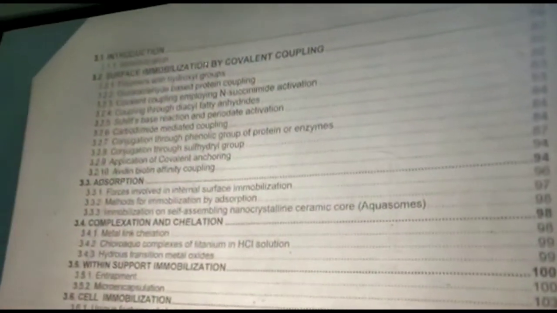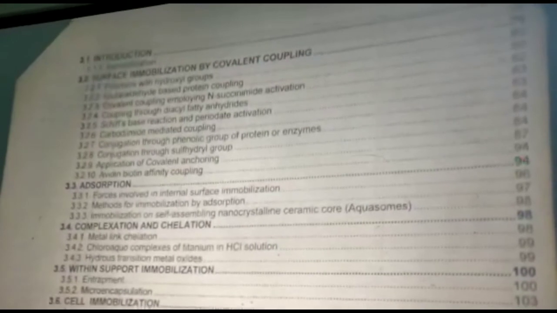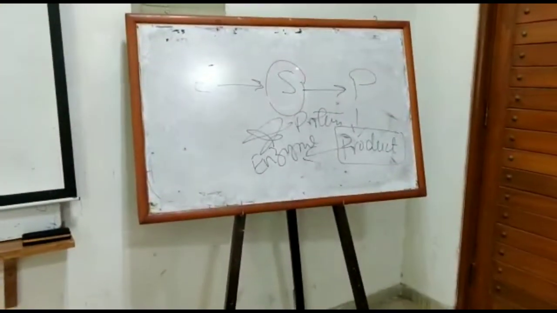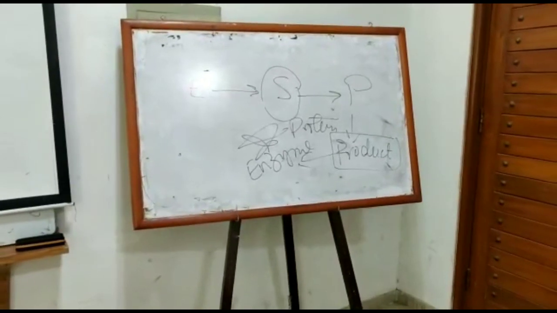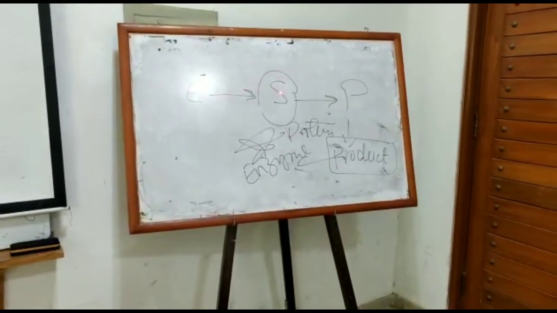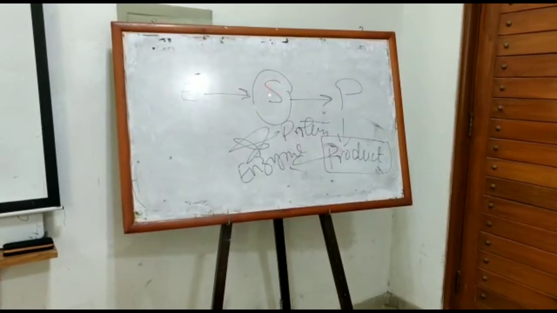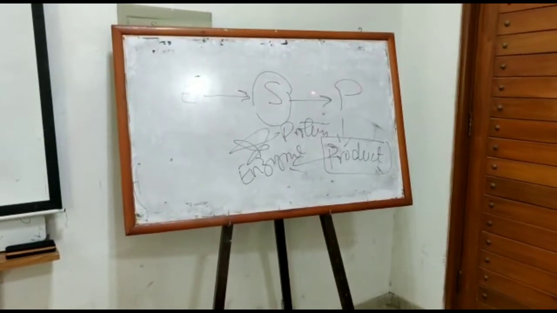Introduction, immobilization, surface immobilization by covalent coupling. Here you can see, if this is the substrate, it has its surface and the enzyme should be able to make covalent bonding here, so that the enzyme is restricted upon the substrate and we would be able to get the product.